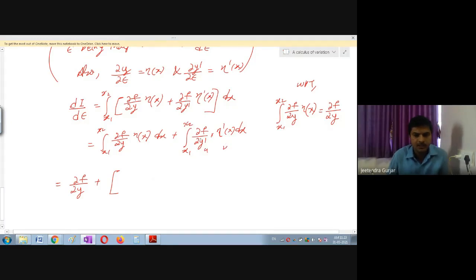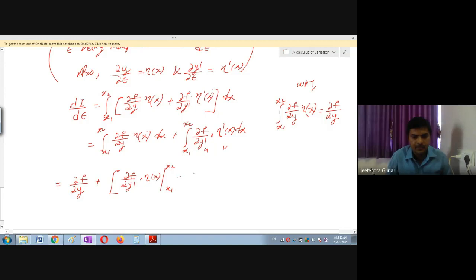I will keep ∂f/∂y dash as it is. Integration of ν dash, again differentiation is there, so this dash and integration will get cancelled, therefore it will become normal ν of x. So therefore I will write here ν of x under the integral sign x1 to x2.